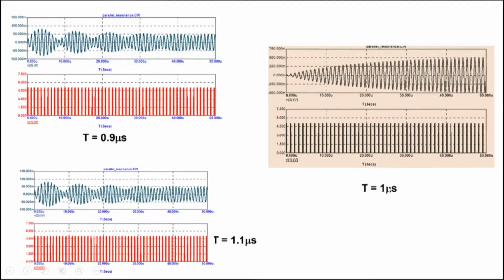The moment you go away from the natural frequency, a little higher or a little lower, the system does not respond very well, and the amplitude of the output is fairly small.